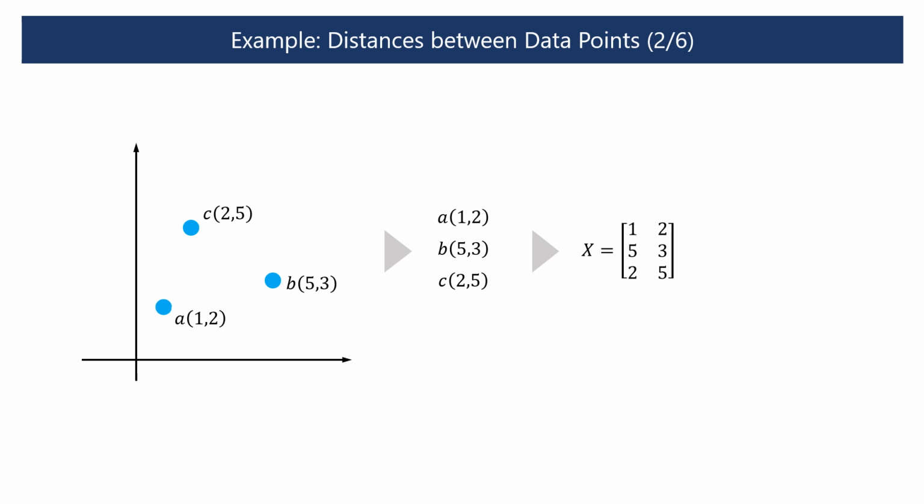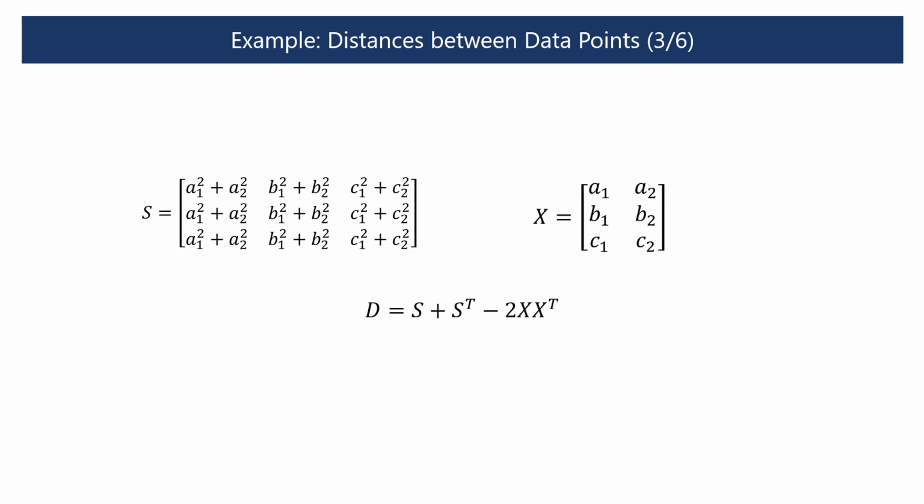The first row represents data point A. The second row represents data point B. The third row represents data point C. The first column represents the x-coordinate, and the second column represents the y-coordinate. Let's create a matrix which consists of the sum of the squares of each element in each row vector in this way. Let's call this matrix large S.